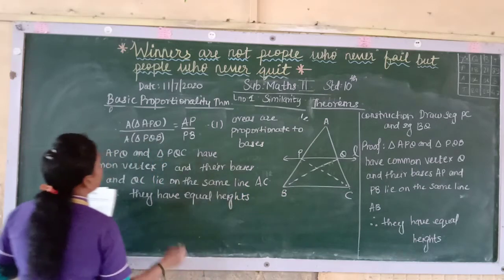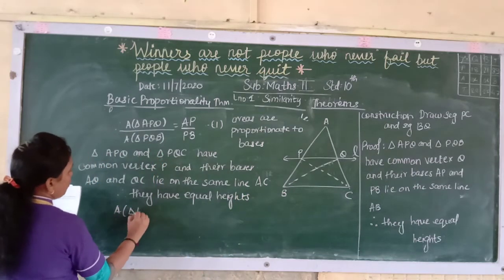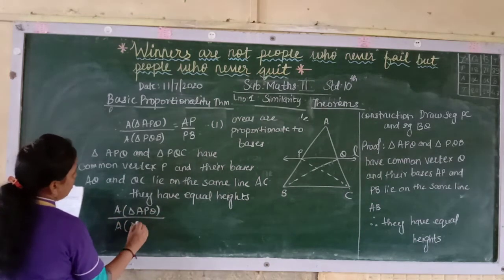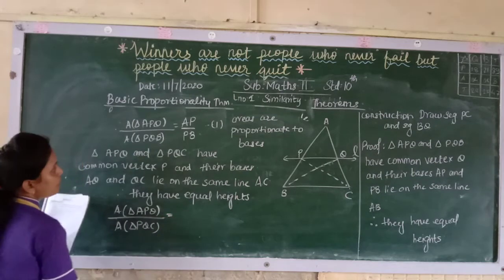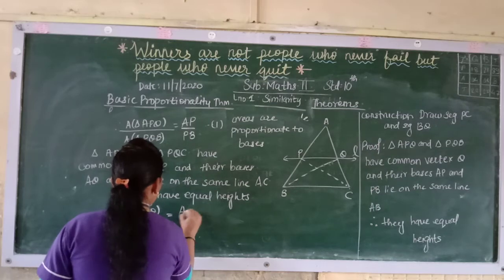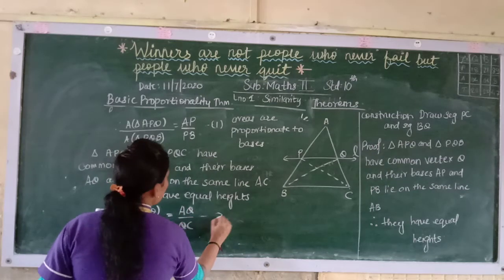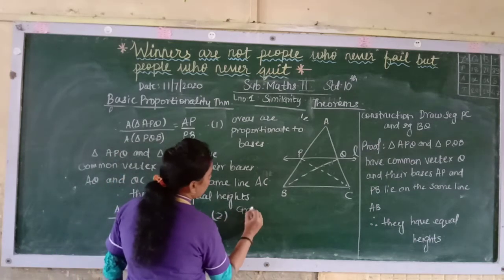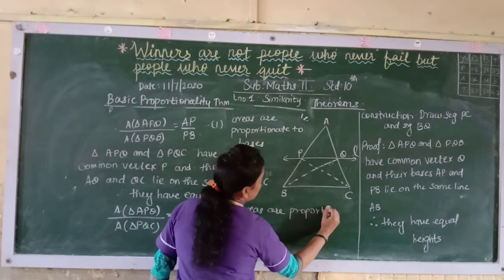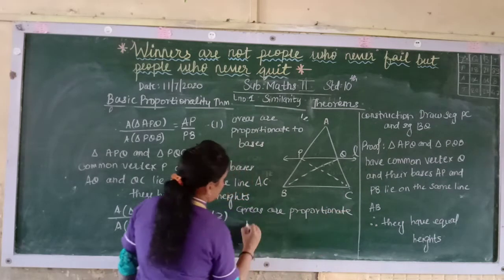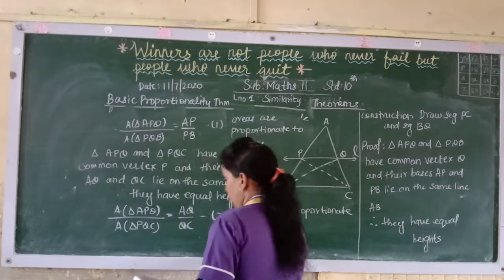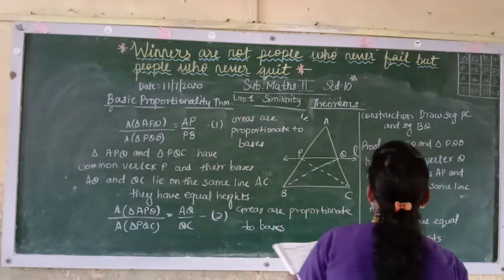When they are having equal heights, the area of triangle APQ upon area of triangle PQC will be corresponding to their bases, that is AQ upon QC. So here you will get AQ upon QC. Give this as 2, and write the reason over here: areas are proportionate to their bases.